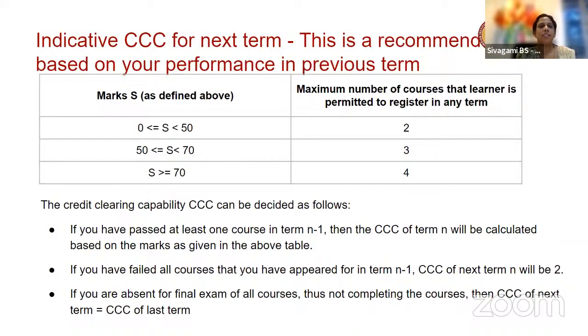Okay, so this is the credit clearing capability. It is an indicative list, based on your marks, of how many subjects you can take in the subsequent term. Suppose in the last term the average of all your subjects was less than 50. We suggest you take only 2 courses per term so that it suits the time and effort you put in.